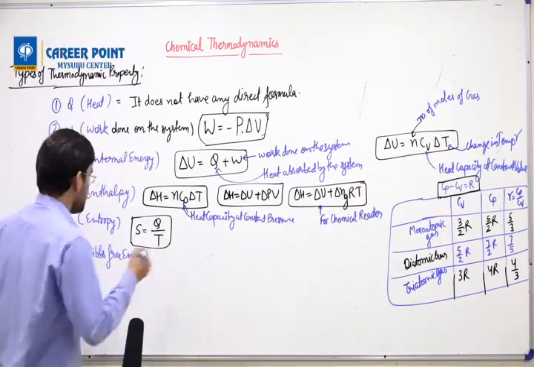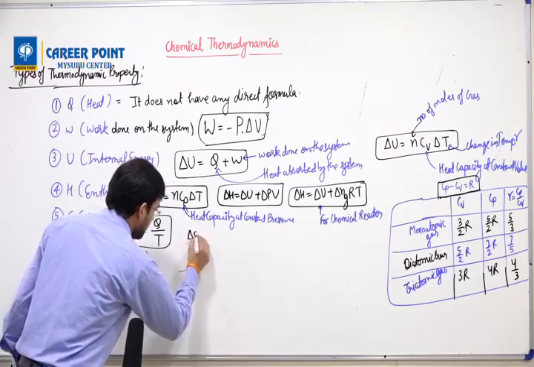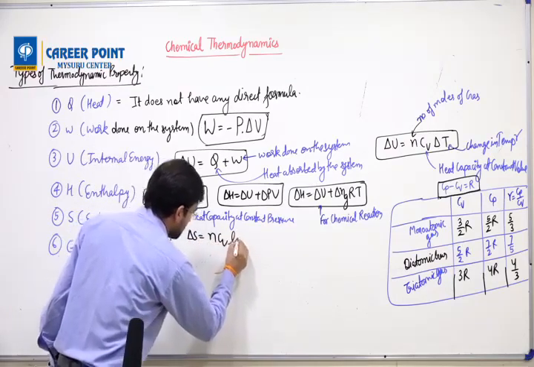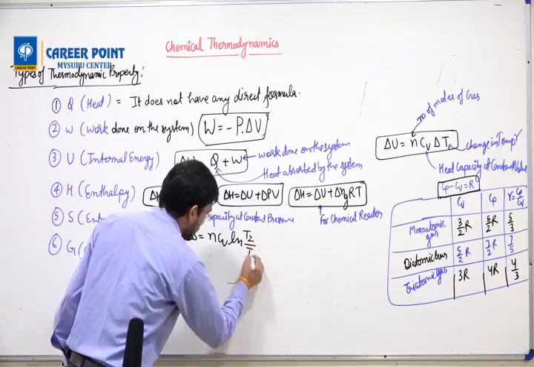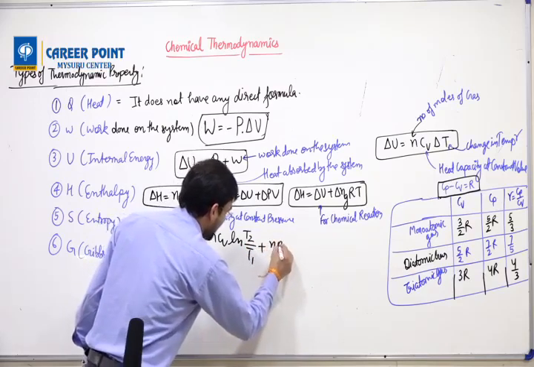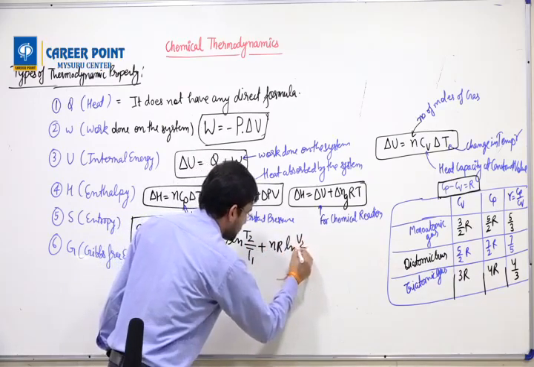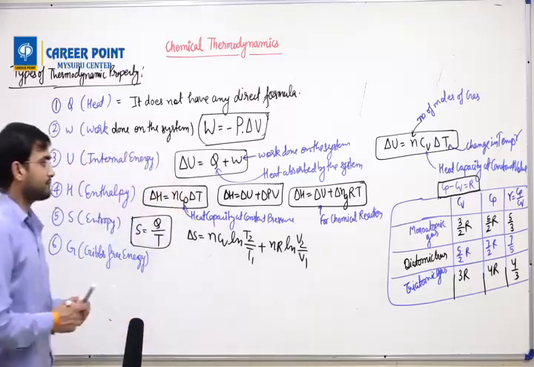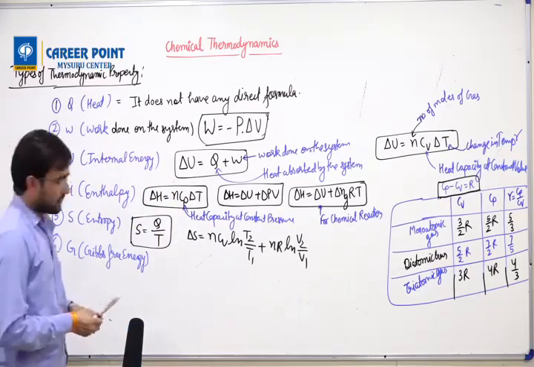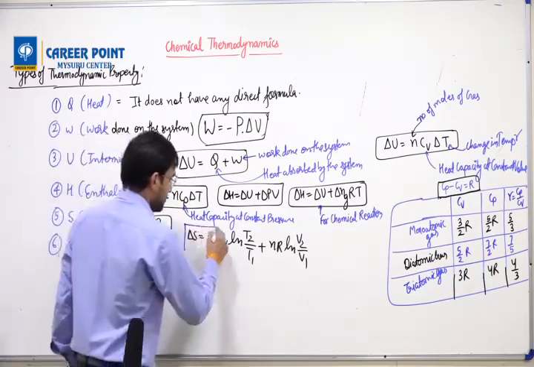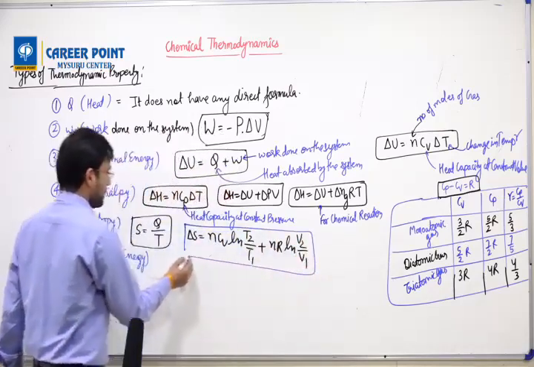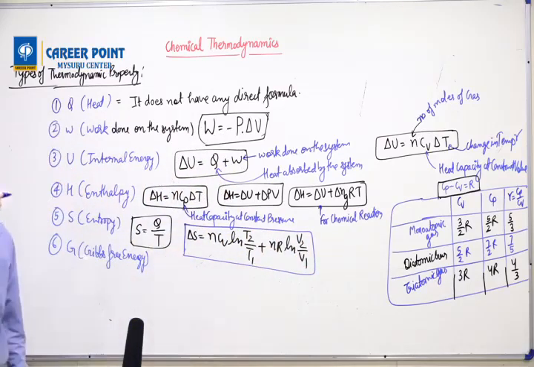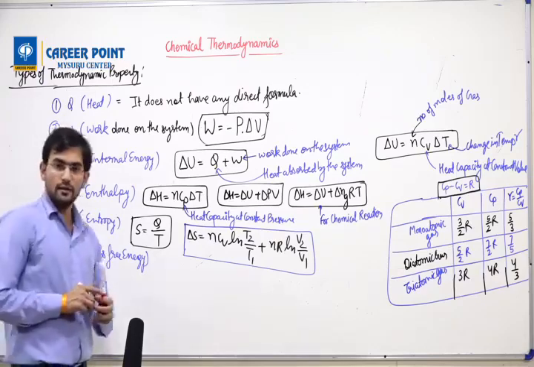Then we can have one more formula. Delta S equals n Cv ln T2 by T1 plus nR ln V2 by V1.